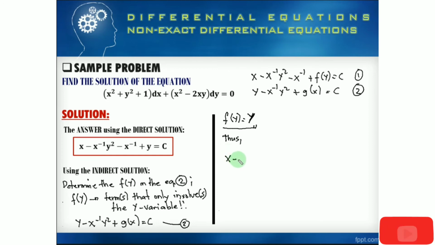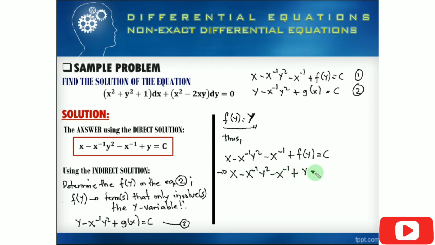Since we are using equation 1, we can say that x minus x raised to the negative 1 y squared minus x raised to the negative 1 plus f function of y is equal to c is simply x minus x raised to the negative 1 y squared minus x raised to the negative 1 plus y is equal to c.